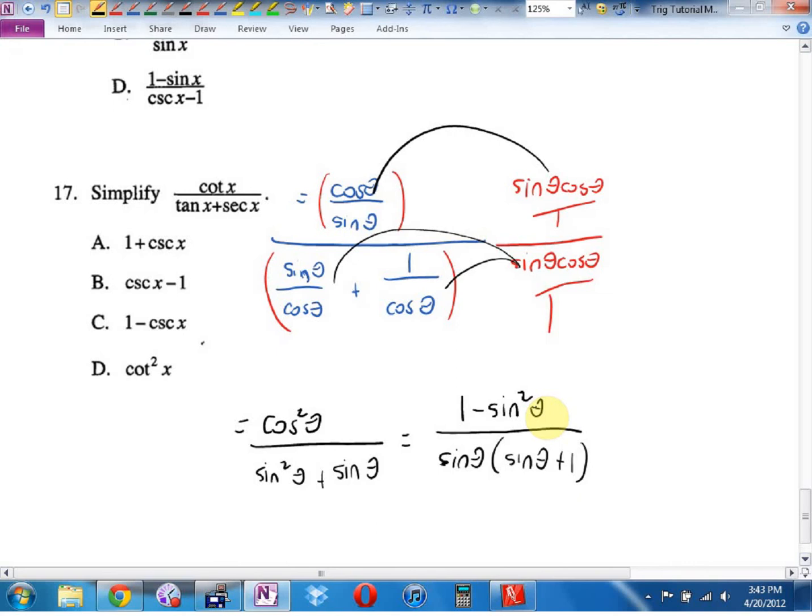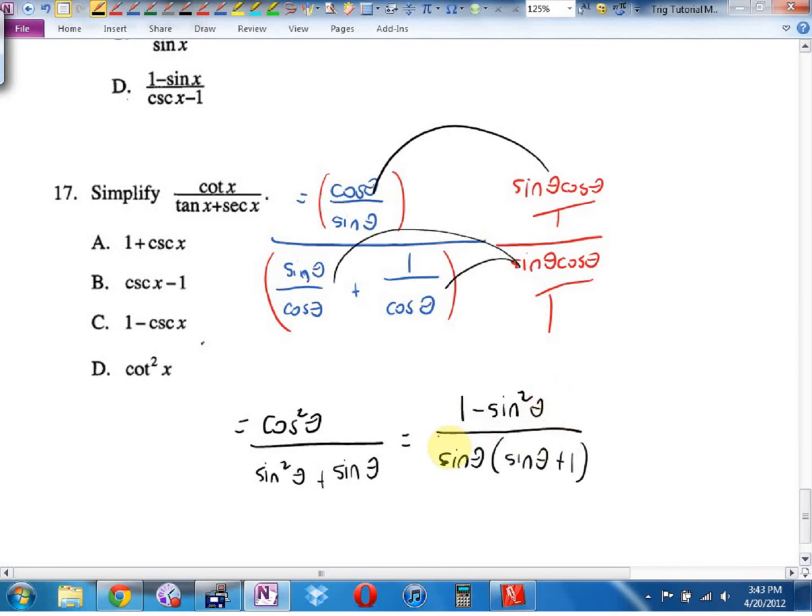Okay. Ready? Can I cancel? Is this factored? Yes. Is this factored? No. So can I cancel? No. But wait a minute. How many terms? 2? Minus sign? Perfect square? Perfect square?